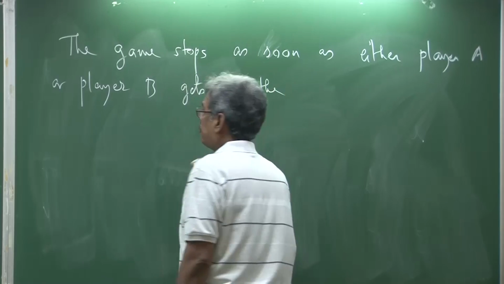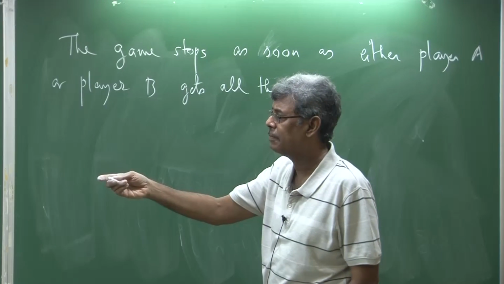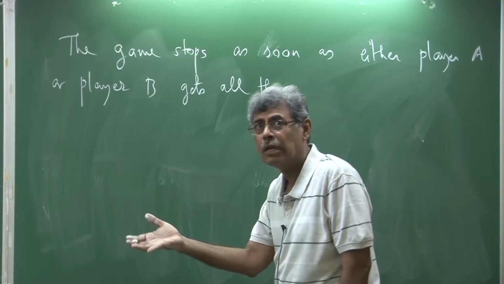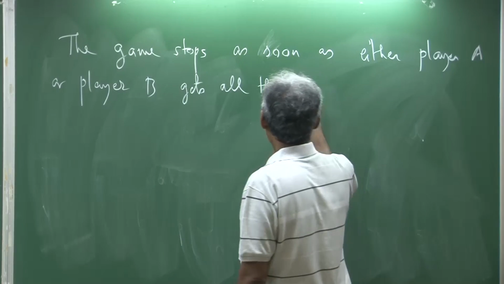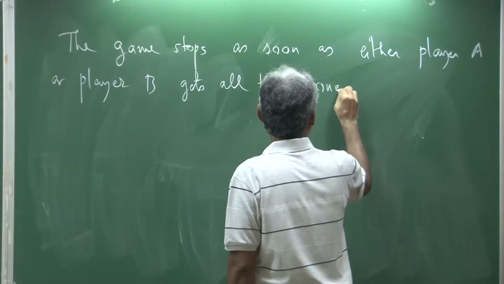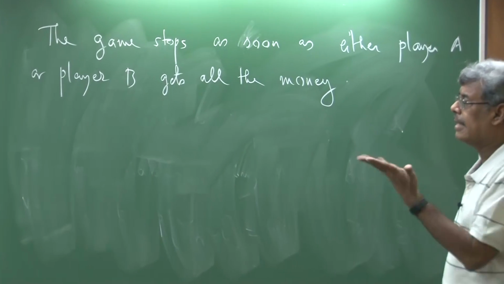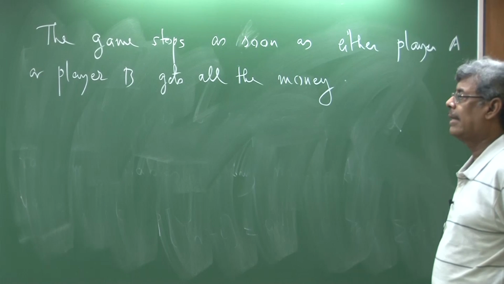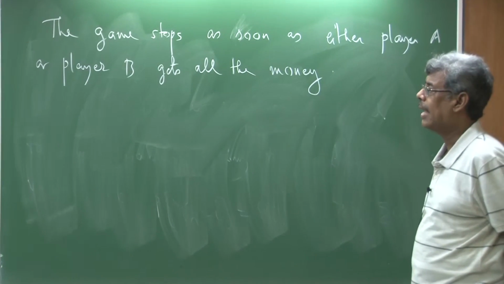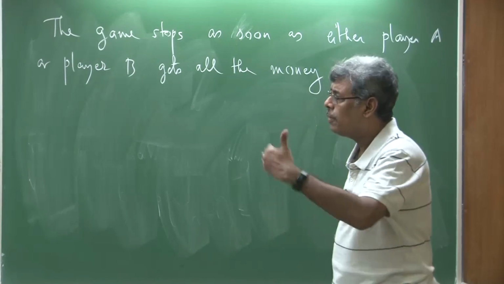If one person gets all the money, the other person becomes broke. He does not have any money left. I think that game is fairly clear, and they keep on playing the game.